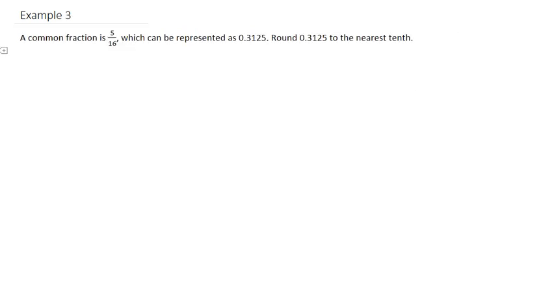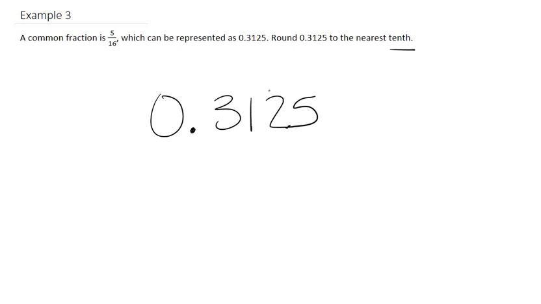Example 3. A common fraction is 5 over 16, which can be represented as 0.3125. Round 0.3125 to the nearest tenth. So let's go ahead and rewrite this number. To the left are ones, and then we have our period, and then to the right are decimals. And we're going to underline the first one because that's our tenths spot.